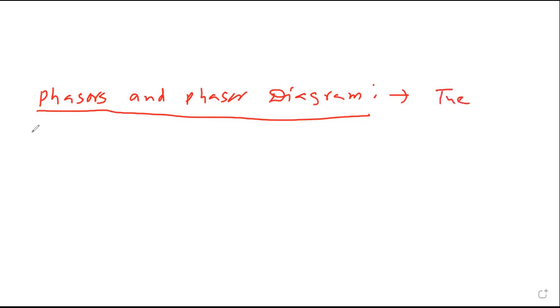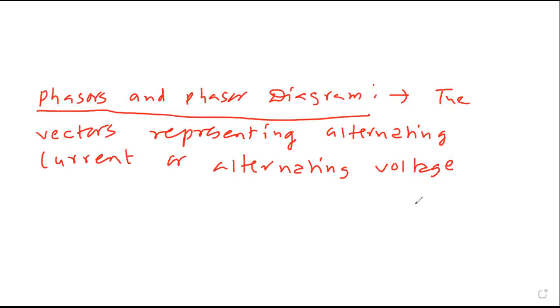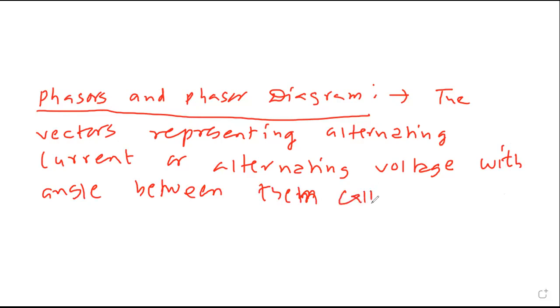That means the vectors representing alternating current or alternating voltage with angle between them called as phasor angle, are called as phasors.